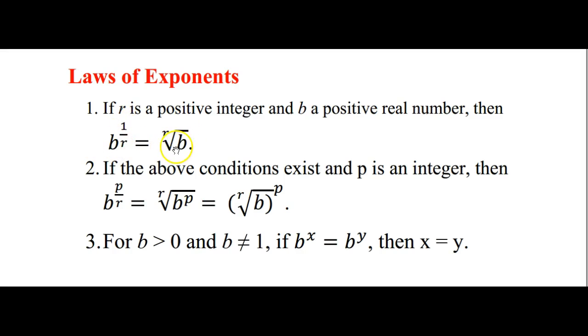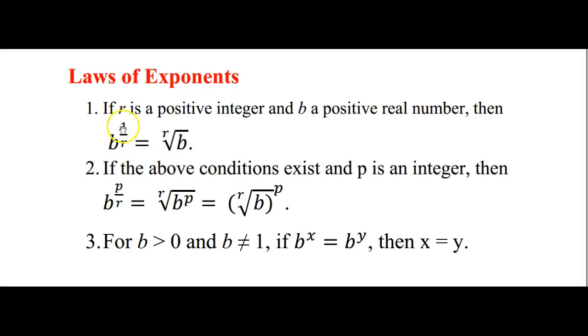The relationship between radical function and exponential function. Let r be any real number or any positive integer. We already said that b is a real number that is greater than 0 and not 1. If you notice, b is the base here, so we use b for base, and inside the radical it is the base too.